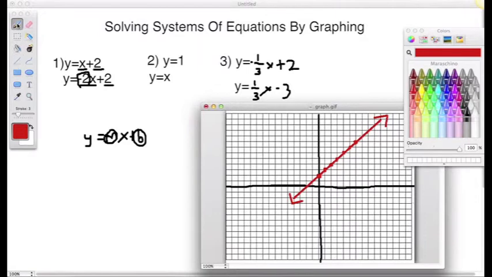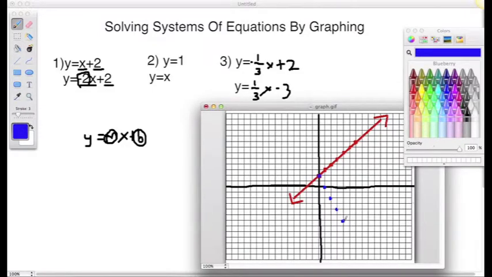So then with our second one, we have another y-intercept of 2. And then our slope is negative 2x, so that means down 2 over 1. Down 2 over 1, down 2 over 1.